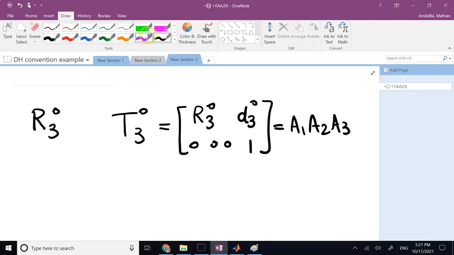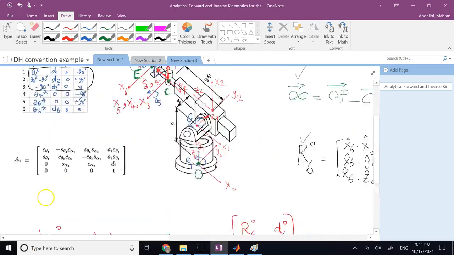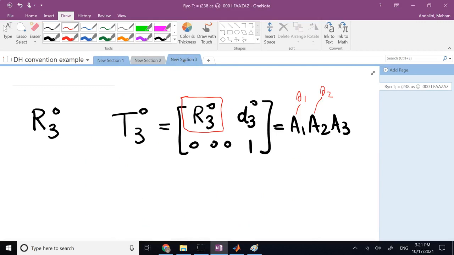So now if you look at the rotation matrix part of it, we can easily get this because this is a function of theta 1, this is a function of theta 2, and this one has no effect really much on rotation except for maybe that pi over 2 that we had in negative pi over 2. Okay, so this is a function of d3 really.